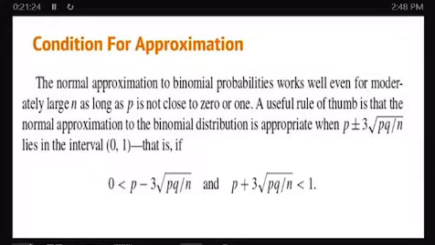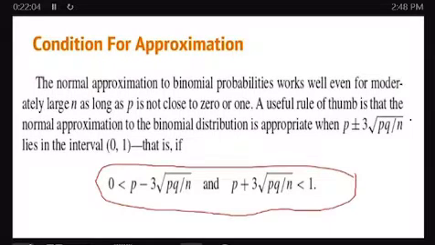When the sample size is large, if you want to figure out the probability of a binomial random variable, it is going to be so complicated. That's why we need a way out, and that is the reason why we need approximation to normal. We also have binomial approximation to Poisson, but the one I'm interested in today is binomial approximation to normal. Now, if I'm seeking that, we have a condition.